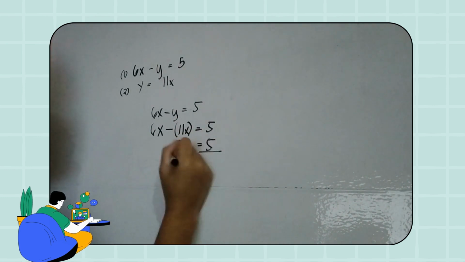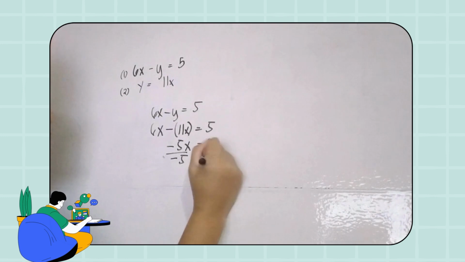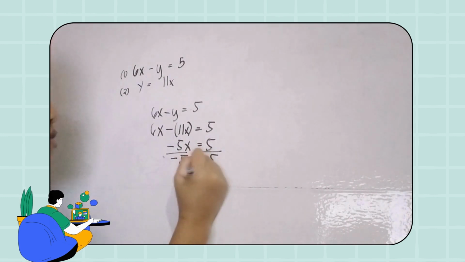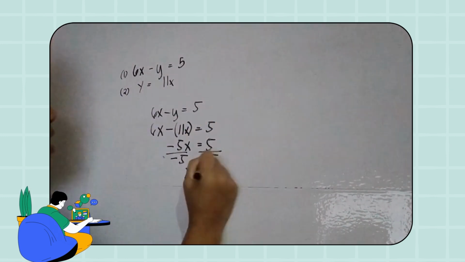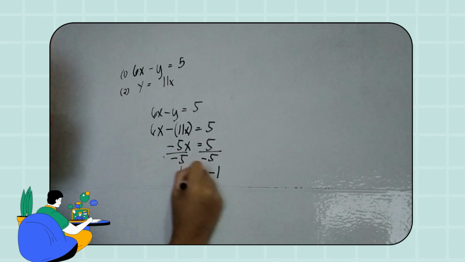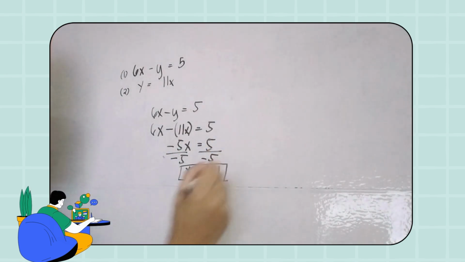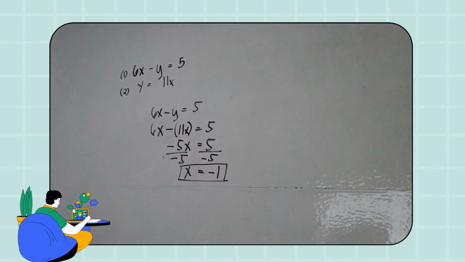Let's divide by negative 5 for us to be left with only x. So we have here 5 divided by negative 5 is negative 1. That means that our x is negative 1.